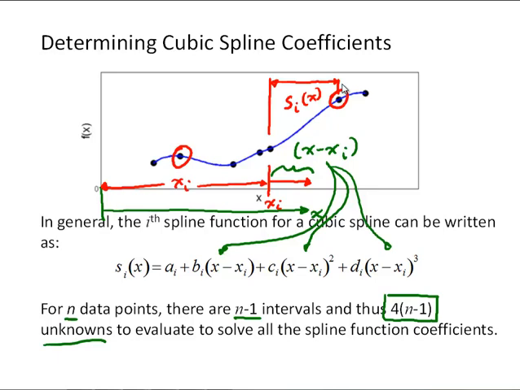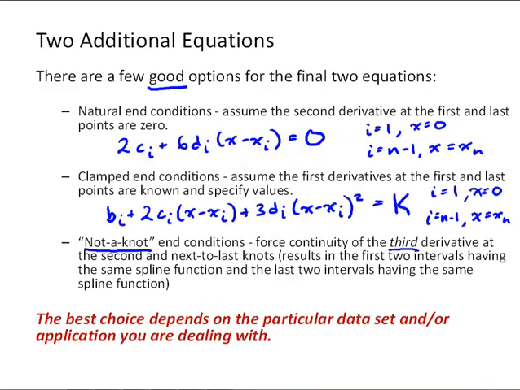By doing that, the first 2 spline functions become the same, and the last 2 spline functions also become the same. So in effect it negates the second and second to last knots, and that's why it's called not-a-knot.